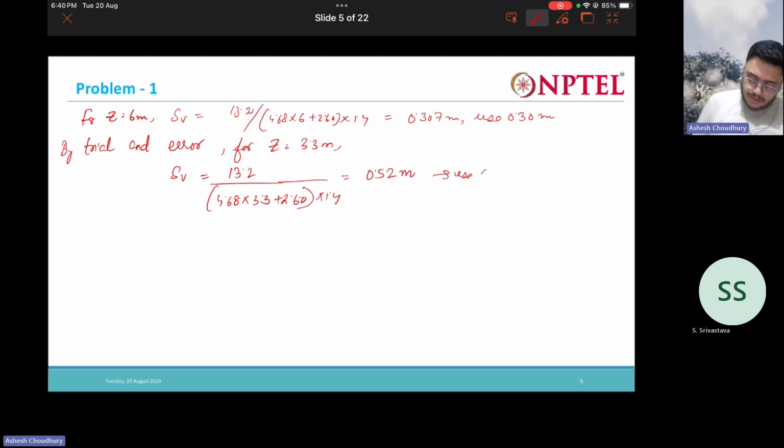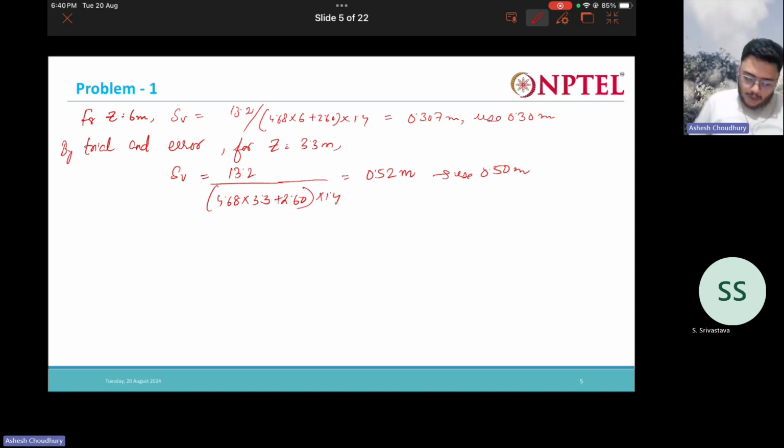So at 3.3 meter, almost the mid height of the wall, we can increase the spacing from 0.3 to 0.5 meter. How many layers of reinforcement you want to provide is completely up to you, completely your choice.